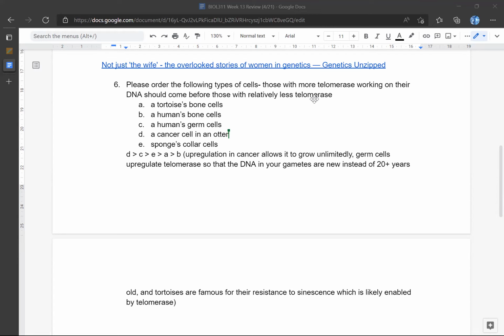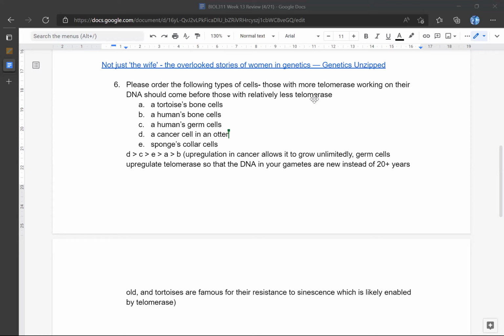If I were to have a child and my germ cells didn't upregulate telomerase, then over the 22 years that I've been alive, my telomeres have probably been shortening because of the end replication problem.